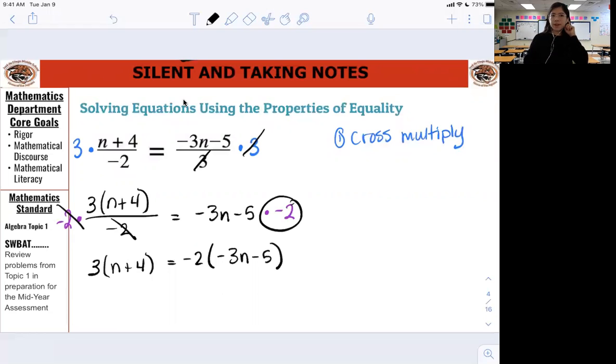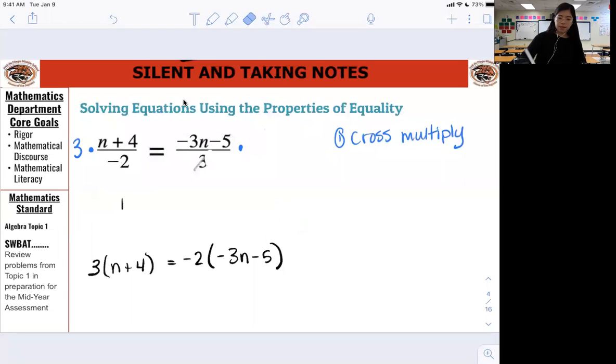Yeah, it's like a shortcut, exactly. Okay, so the most important thing to remember is that anytime you want to get rid of a fraction, what do you multiply by? The denominator. The denominator, exactly. Anytime you need to get rid of a fraction, we multiply by the denominator.